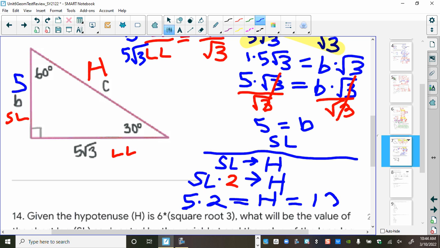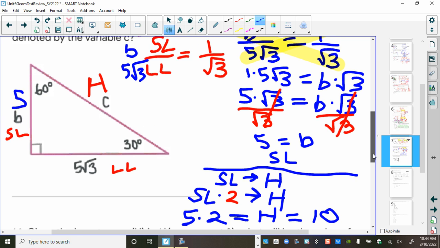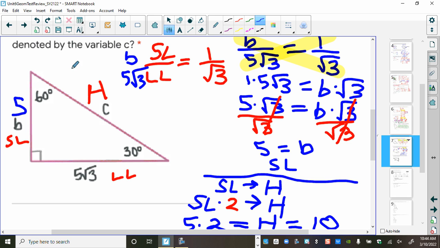If you want to go from short leg straight to the hypotenuse, all you have to do is multiply by 2. So if you have the short leg, double it. Bang, there's your hypotenuse. You're done with the whole thing.